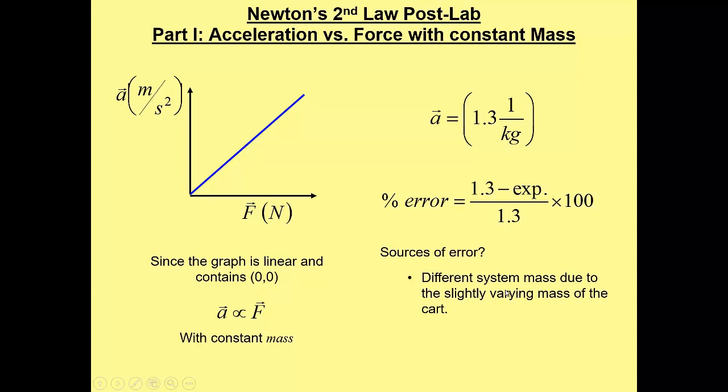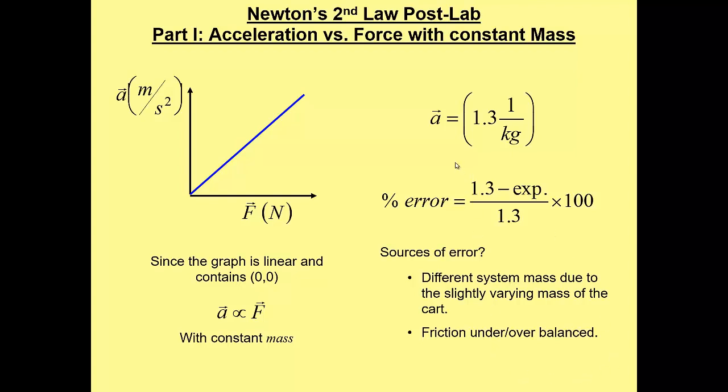Probably, though, most of the error was something that I did when setting up the equipment. And that probably is where most of the error comes from. If you remember, I tried to slightly tilt the track in order to balance out friction, so that we could ignore frictional effects at any angle of the track.